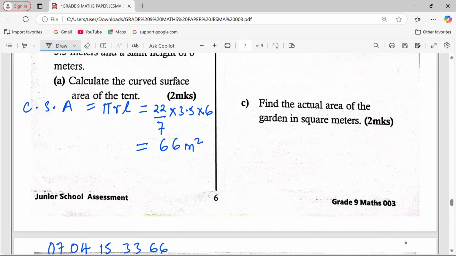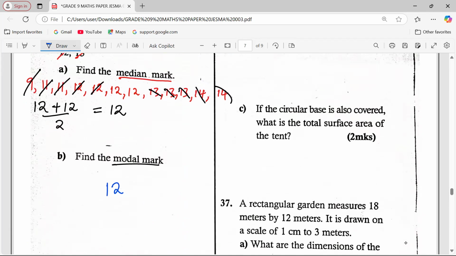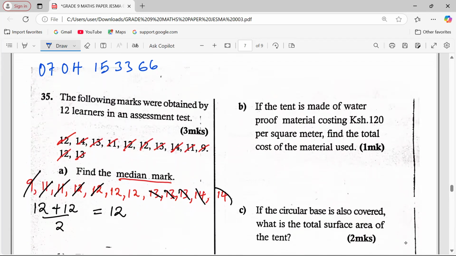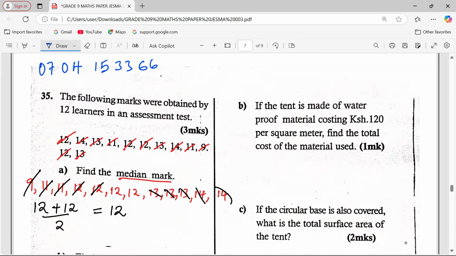Then now we have to progress on this side, whereby we will say, if the tent in part B is made of waterproof material costing 120 Kenya shillings per square meter, find the total cost of the material used.